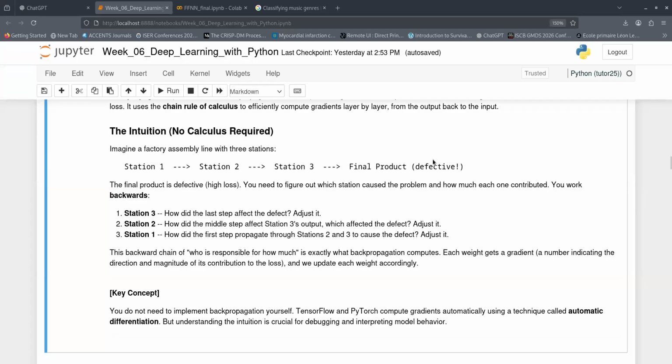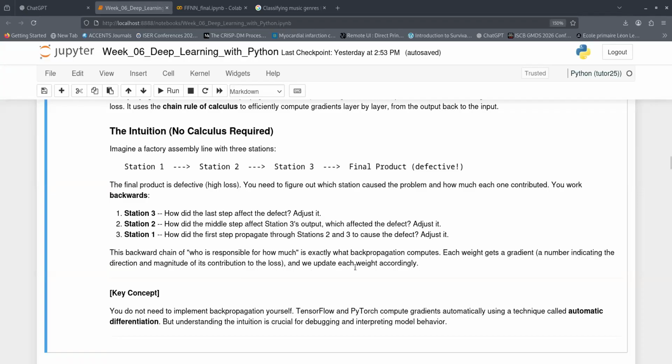We know the final product, whether it's defective or not. If the loss is higher, I can ask, who is responsible? It can be layer 2, layer 1, or maybe the input. So each weight gets a gradient. The gradient is a number indicating the direction and magnitude of its contribution to the loss.